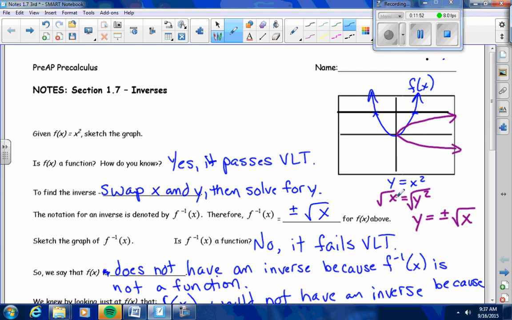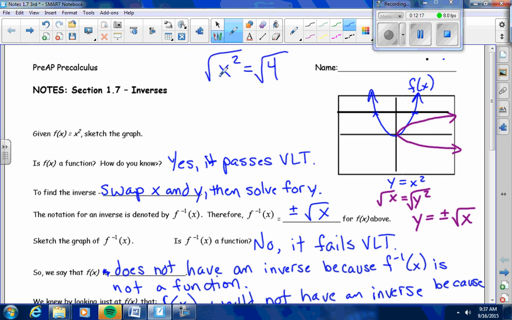Okay, anytime you take the square root of a variable that was squared, then on the other side, the square root, you always have to put a positive and a negative in front of that square root every single time. So if we had x squared equals 4, and to solve that, you square root both sides.